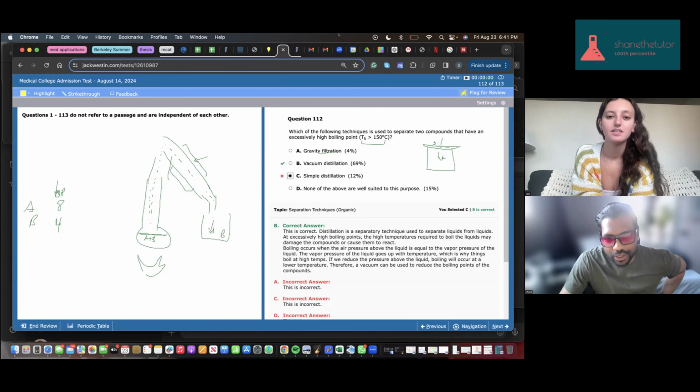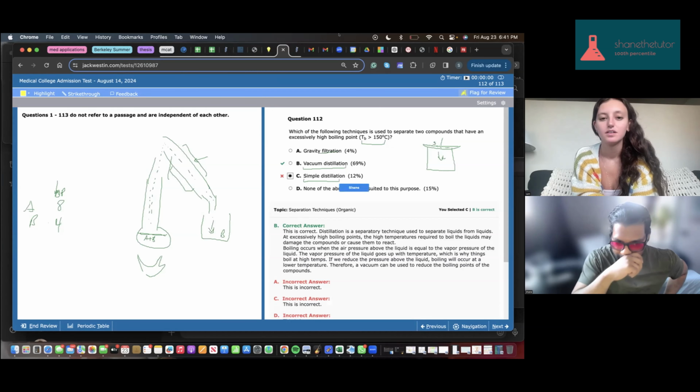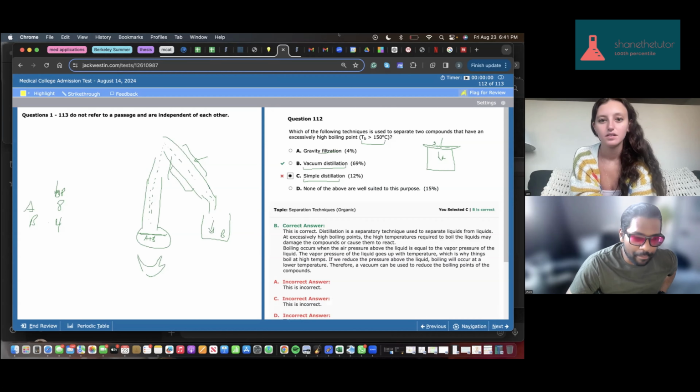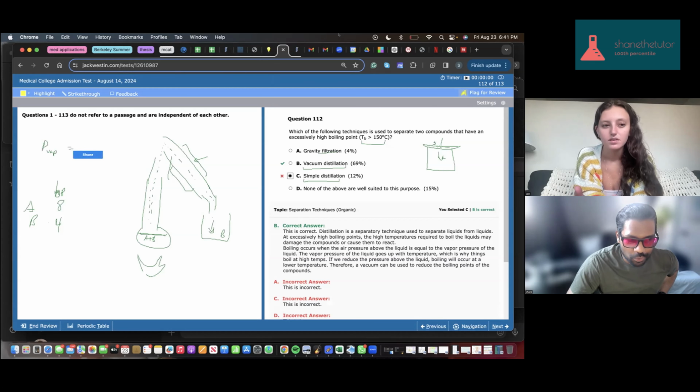Okay. Now, vacuum distillation versus simple distillation. Boiling point, if you think about it, is really when the vapor pressure is equal to the atmospheric pressure.